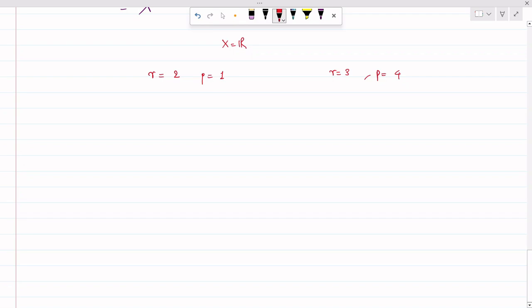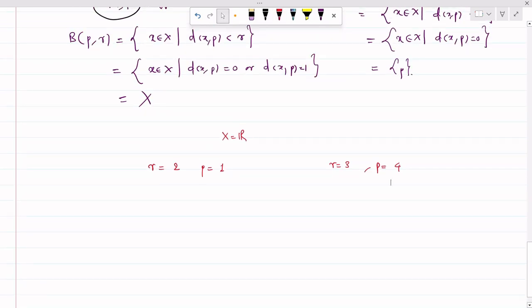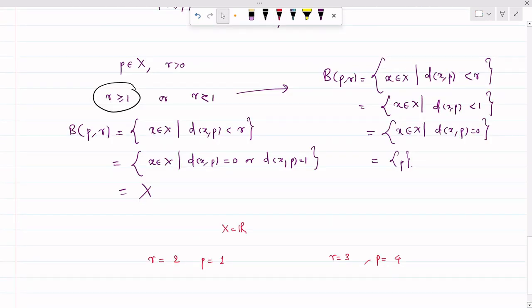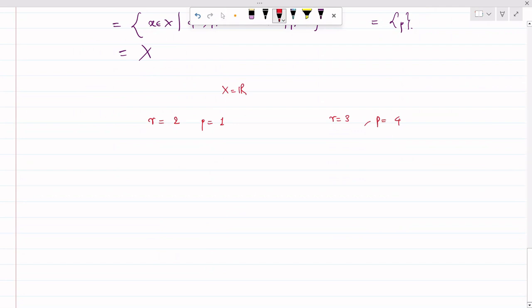Since r is 2 and r is 3, r is obviously greater than or equal to 1, and we have seen here that if r is greater than or equal to 1, the open ball is the whole X. So in both the cases here, B(1, 2) will be the real numbers, and B(4, 3) will be equal to the real numbers. So points are different, radii are different, but the open balls are the same. That's the interesting case of the discrete metric space.